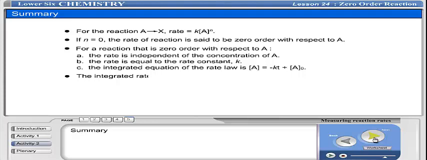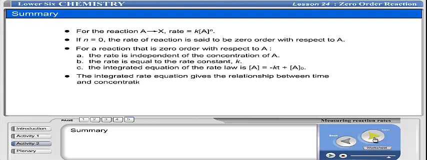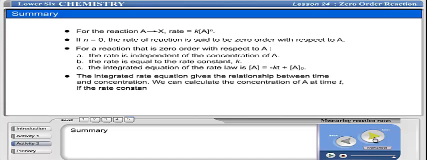The integrated rate equation gives the relationship between time and concentration. We can calculate the concentration of A at time t if the rate constant is known.